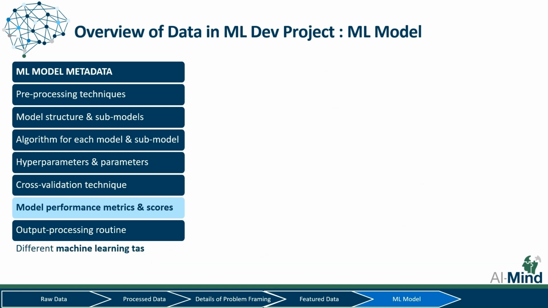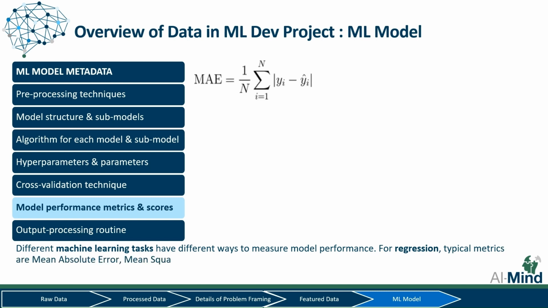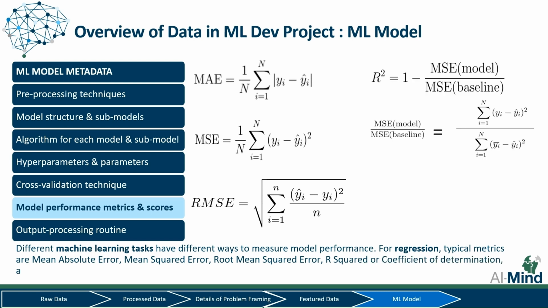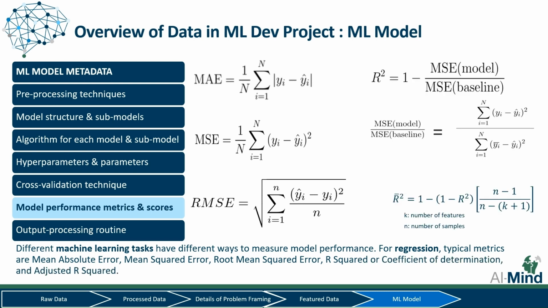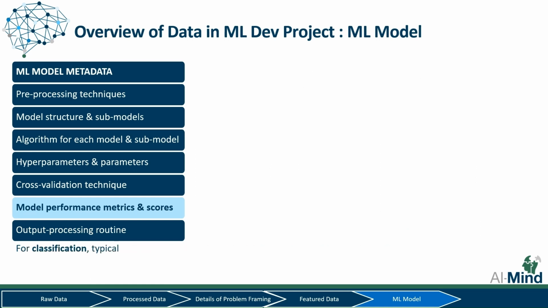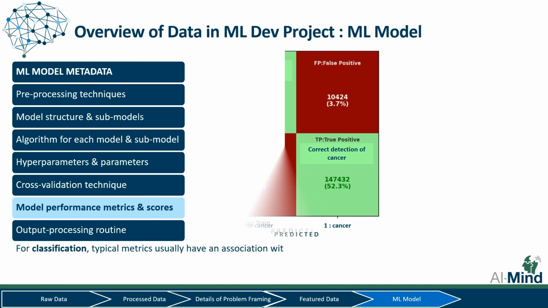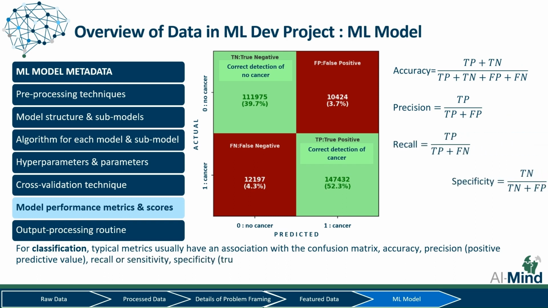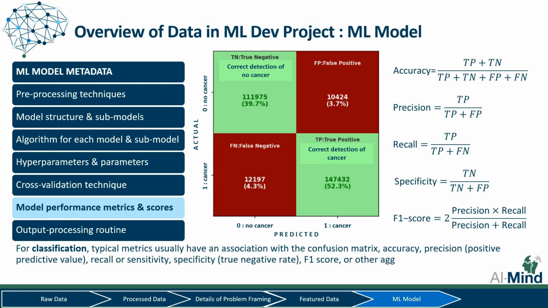Different machine learning tasks have different ways to measure model performance. For regression, typical metrics are mean absolute error, mean squared error, root mean squared error, R squared or coefficient of determination, and adjusted R squared. For classification, typical metrics usually have an association with the confusion matrix: accuracy, precision or positive predictive value, recall or sensitivity, specificity or true negative rate, F1 score, or other aggregate metrics such as AUC, which stands for area under the ROC curve.